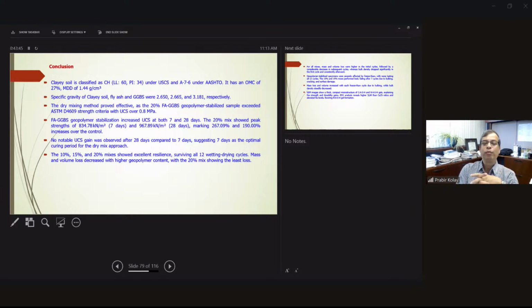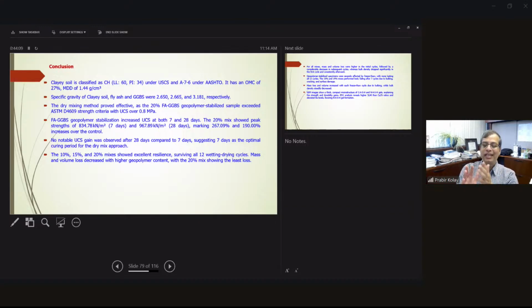GGBS and fly ash geopolymer increases UCS strength for both 7 days and 28 days. So the peak is 834 for 7 days and 967 for 28 days. So it increased by 267% to 190% compared to the control test when you are not using anything.